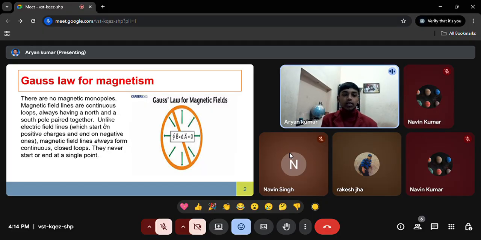If we divide the whirlpool, there would still be no positive or negative end where they start and end. So they are continuous, closed loops. Magnetic field lines always form with two poles, north and south.